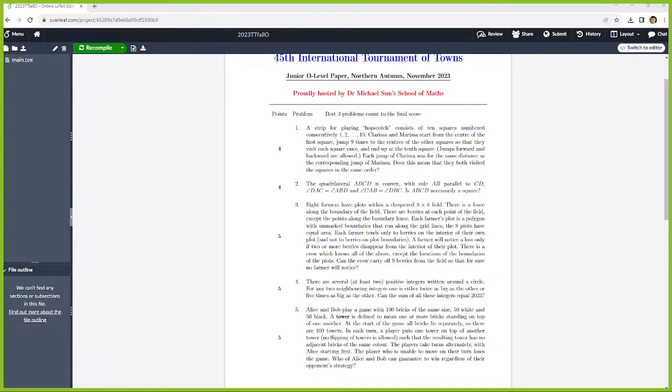Yeah, I guess you just need to check that the distances are all the same, which they are, and they don't visit any squares twice. There's all 10. 3, 4, 6, 5. Yes, and 1. No, they haven't.